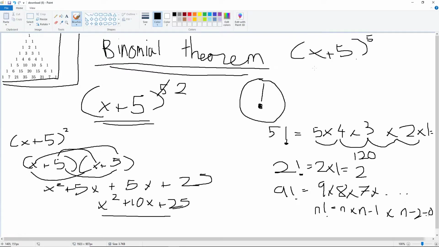So the first thing you want to do, when you're given your binomial, is look at what power it is, and in this case it's 5. So you want to come here and go 0, 1, 2, 3, 4, and 5.